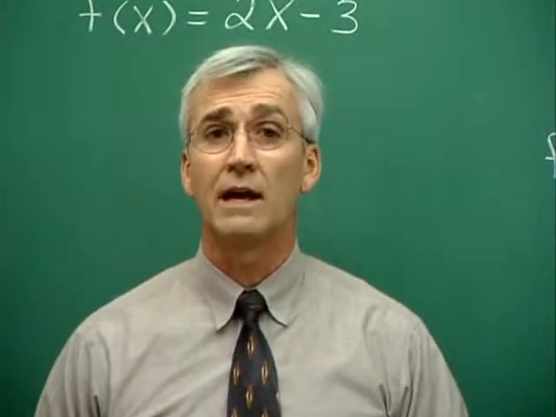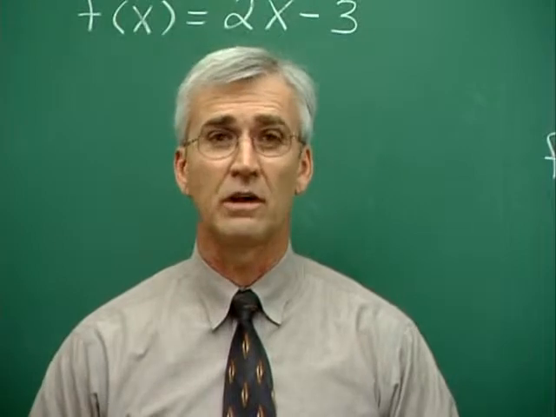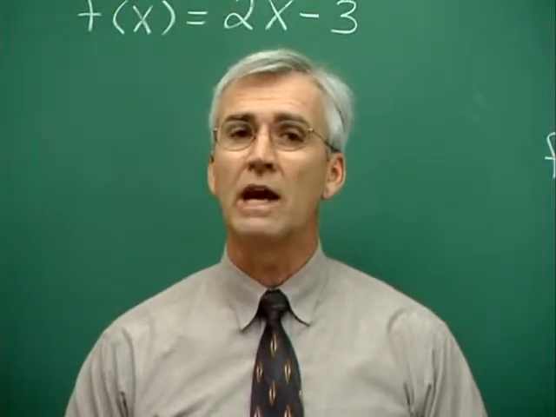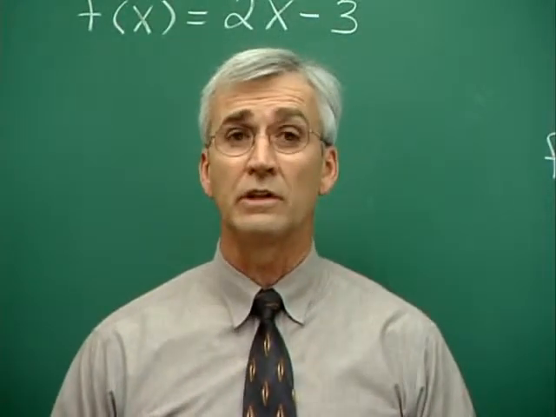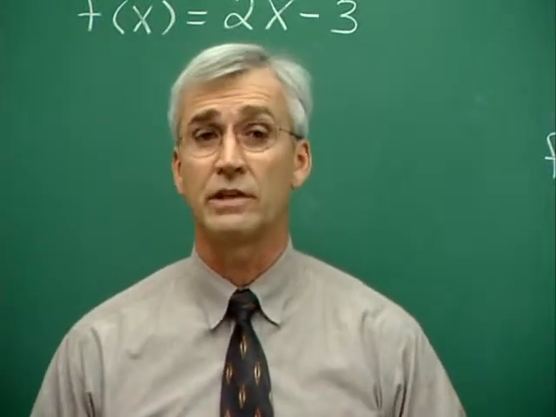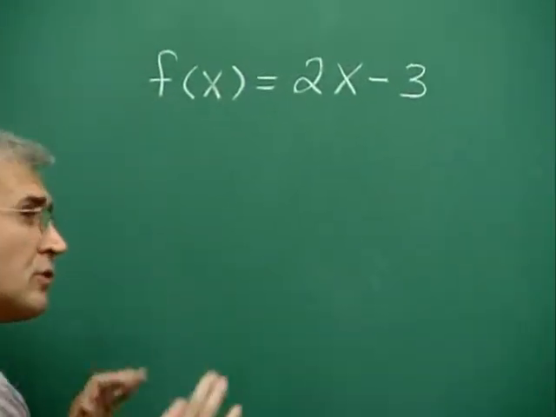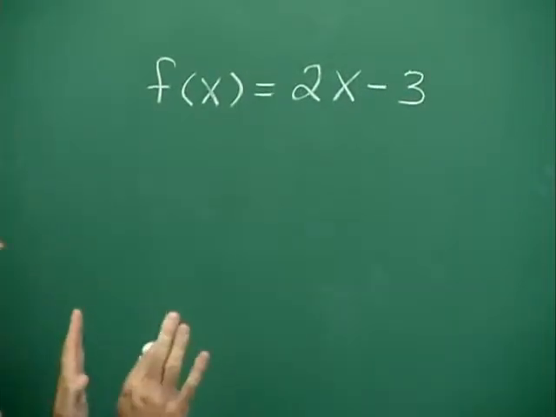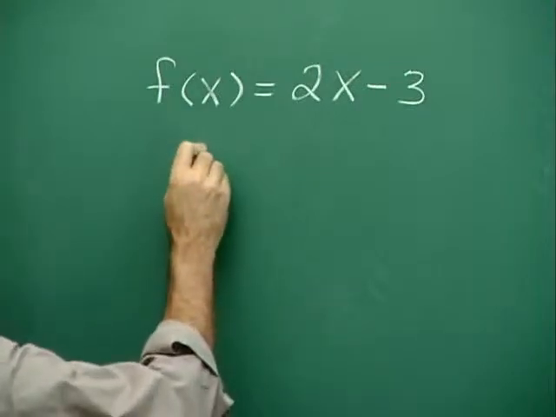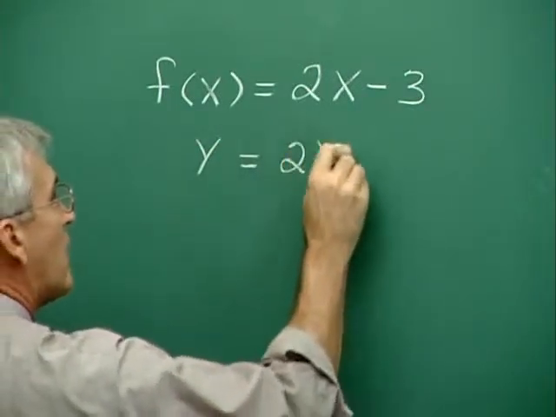Many functions have associated with them another function called the inverse of the function. I'm going to show you how to generate the inverse of a function, and then we're going to investigate relationships between functions and their inverses. Suppose we start with this function. Now, to think about generating an inverse, we are taking the function in its manipulative form, the y equals 2x minus 3.